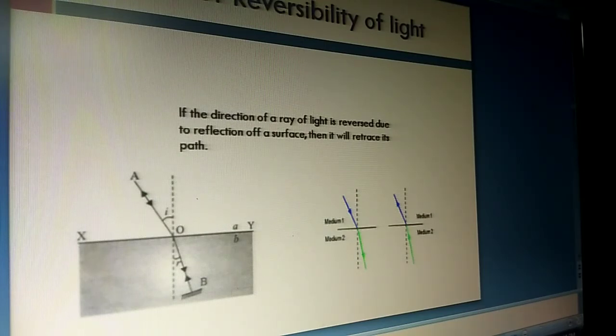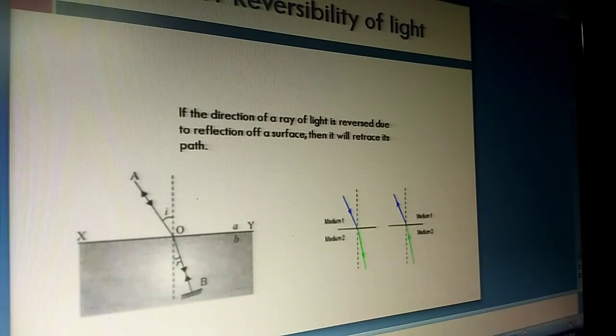How it goes and hits an object, and again comes in the same path, is called retracing. In case of refraction also, from the other medium it comes back in the same path into the first medium, that is called retracing. Whenever the direction of a light ray is reversed and it retraces, that is called the principle of reversibility of light.